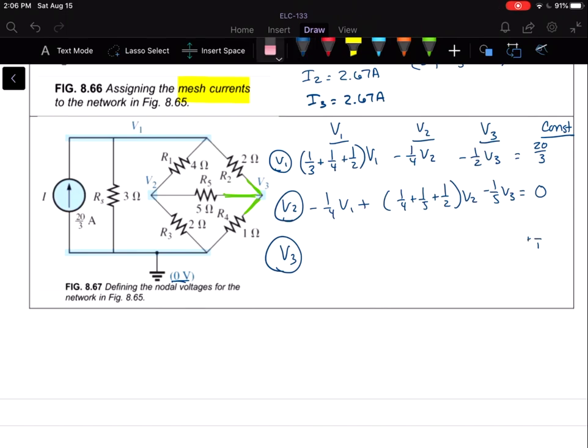Okay, let me rewrite that. 1/2 plus 1/5 plus 1/1 V3. And then we're going to subtract anything that is connected from V3 to V1, which is that 2 ohm resistor.